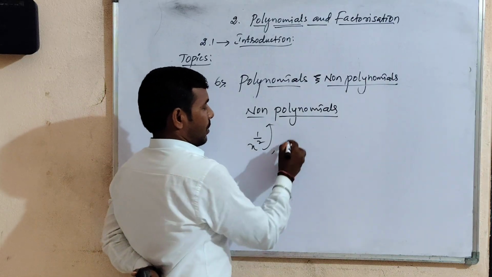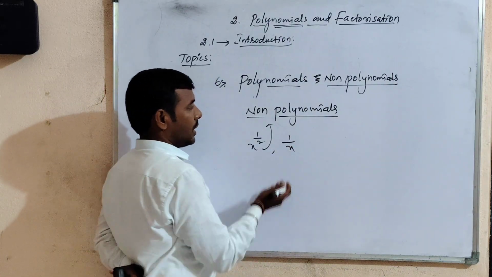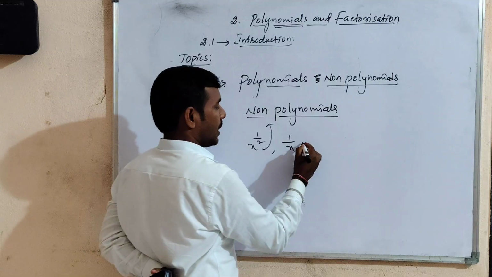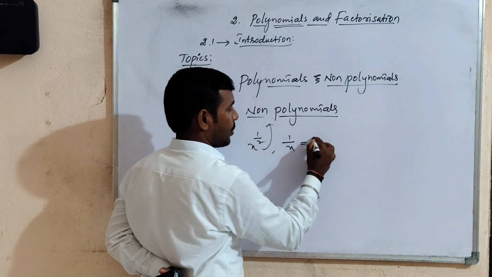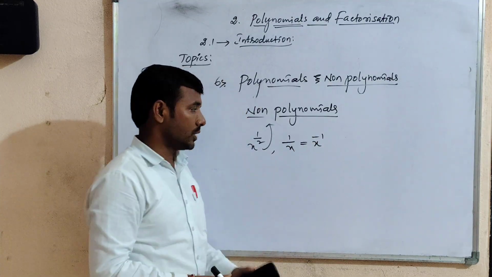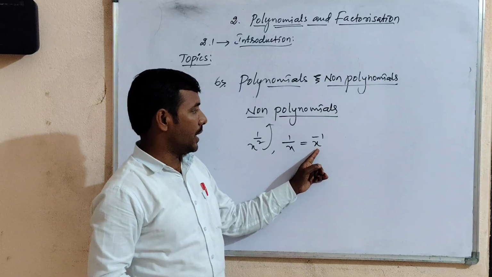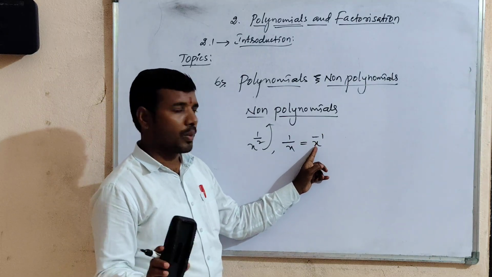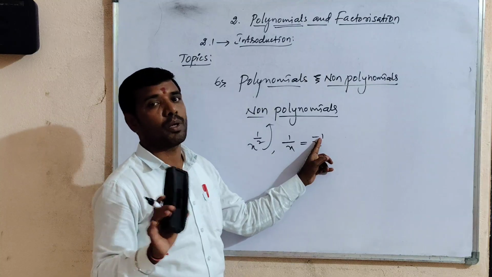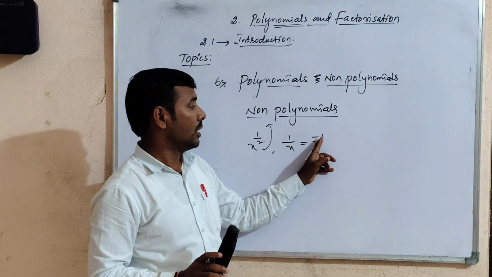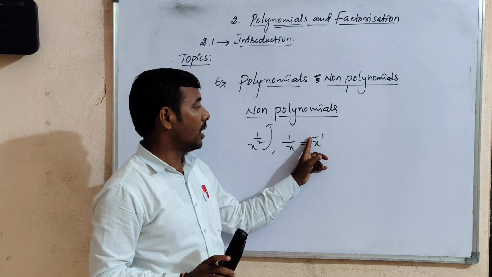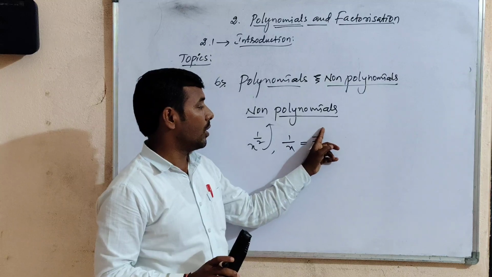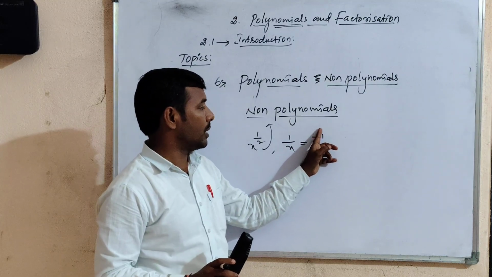I want to give one more: 1 by x. It is also non-polynomial. Reason: this can be written as x to the power of minus 1. Observe carefully. It is an algebraic expression only. The variable is x, no problem, but the exponent is the problem. We need whole numbers, but here it is not a whole number.